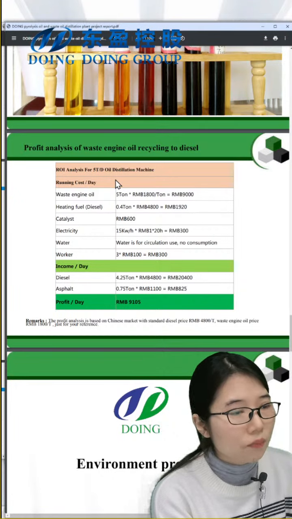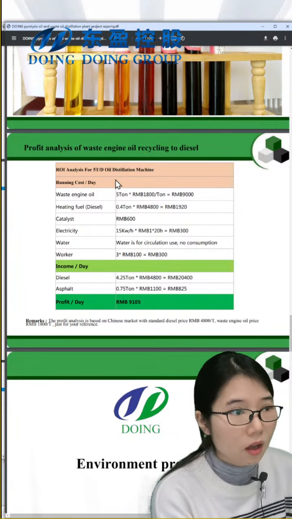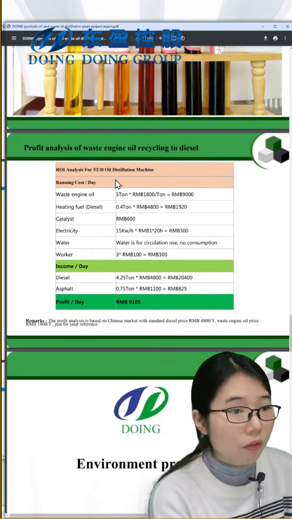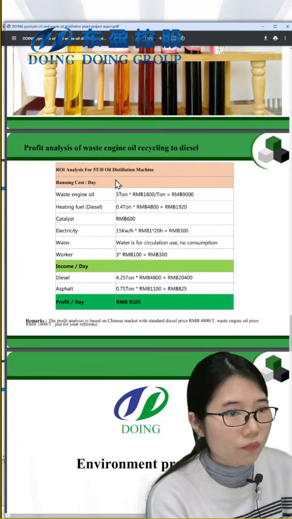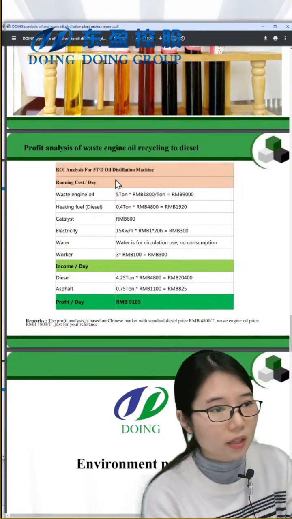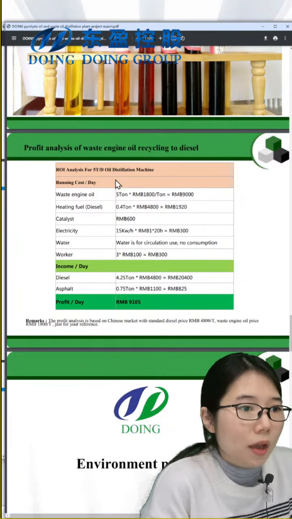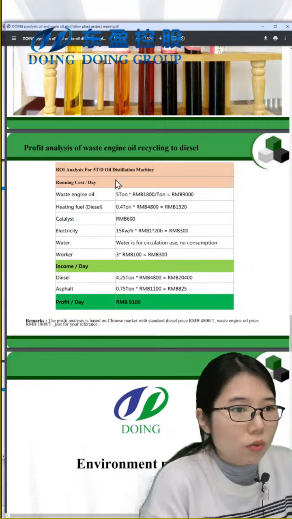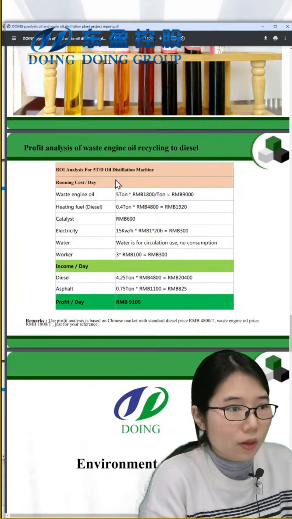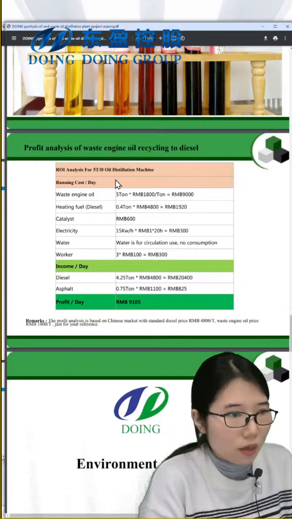As we know, waste oil price is higher than waste tires or plastic. So for 5 tons of waste oil, it may cost you 9,000 Chinese yuan per day. For the heating fuel, you need 400 kg extra, which may cost 1,920 Chinese yuan. You also need catalyst to treat the oil to get diesel, which costs 600 Chinese yuan.